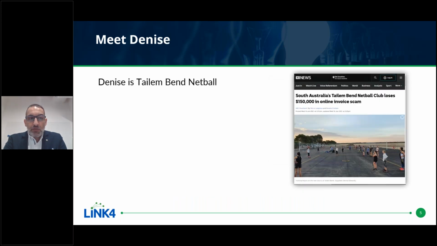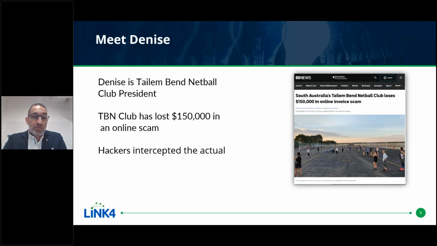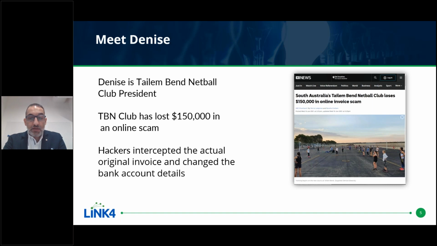But on the other side, we'd like you to meet Dennis. Dennis is the president of Talent Bend's Netball Club. Unfortunately, they have lost $150,000 in an online invoice scam. As you can see, it was on the news, and basically he said that the hackers were able to intercept the email and change the bank details in the transaction itself.